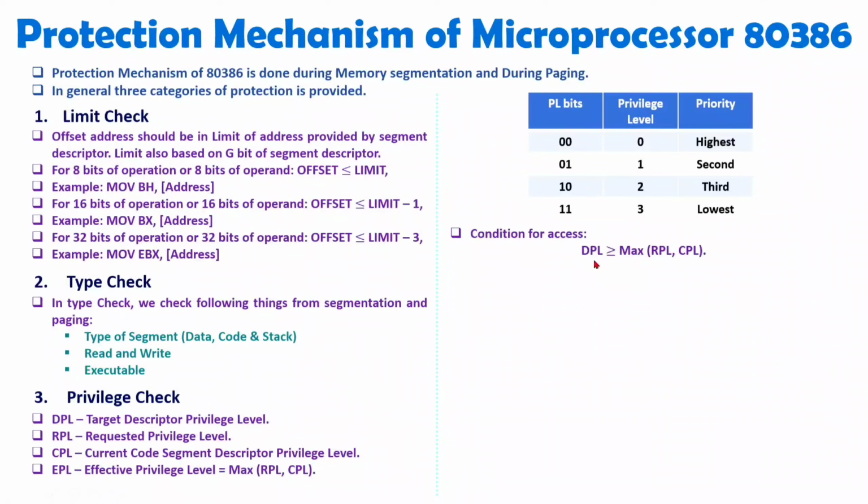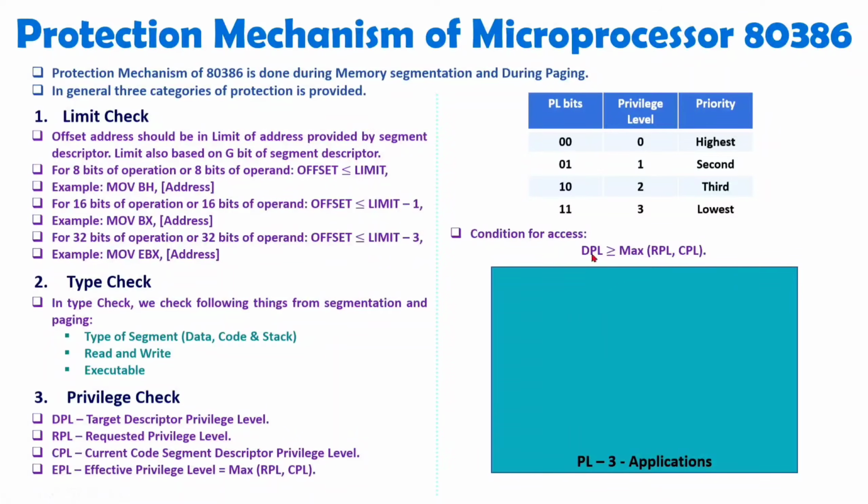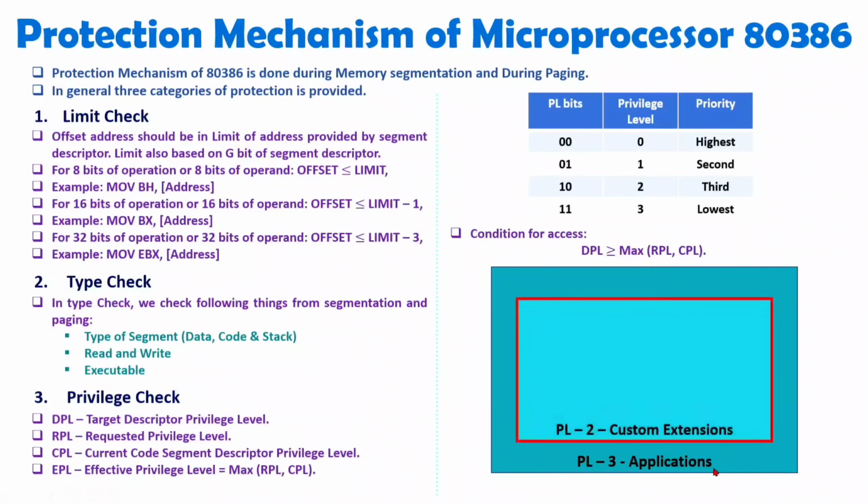My dear students, here you should know how privilege levels are assigned with different tasks, right? So here PL3, that is having lowest priority, in that applications will be there. Privilege level 2, that is having a bit higher priority compared to applications, in that custom extensions will be there.